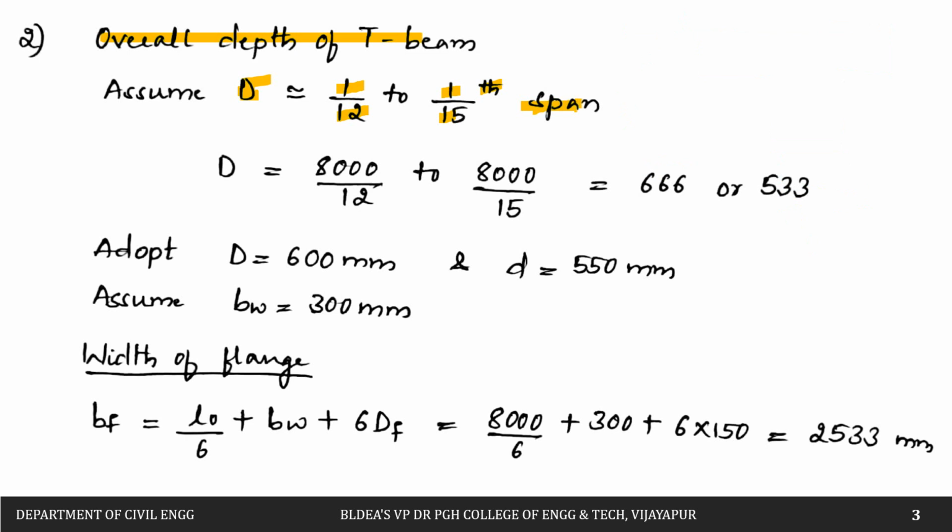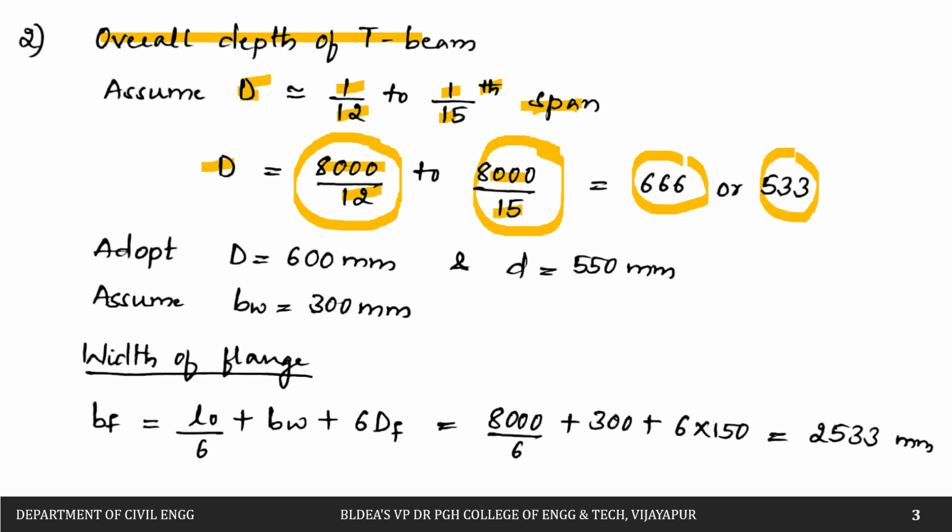Span is 8000, so D is 8000 divided by 12 to 8000 divided by 15. Somewhere in between these two values we will fix the depth. 8000 by 12 is 666, and 8000 by 15 is 533 mm.